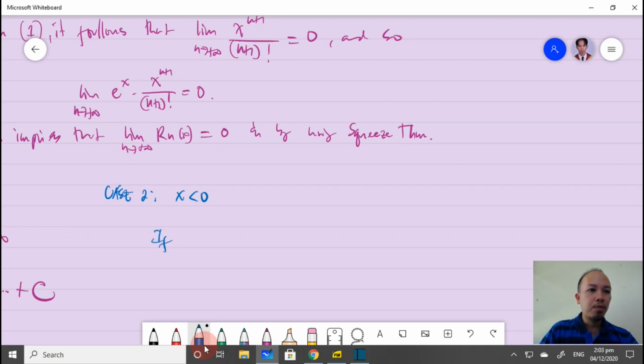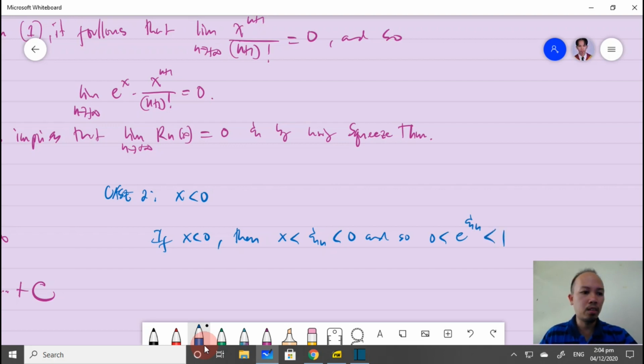So if x is less than 0, then our psi sub n is between this one here, and so of course e to the psi sub n is less than 1.